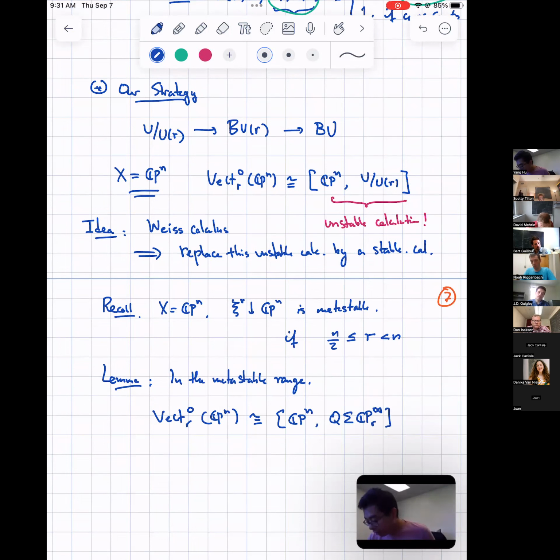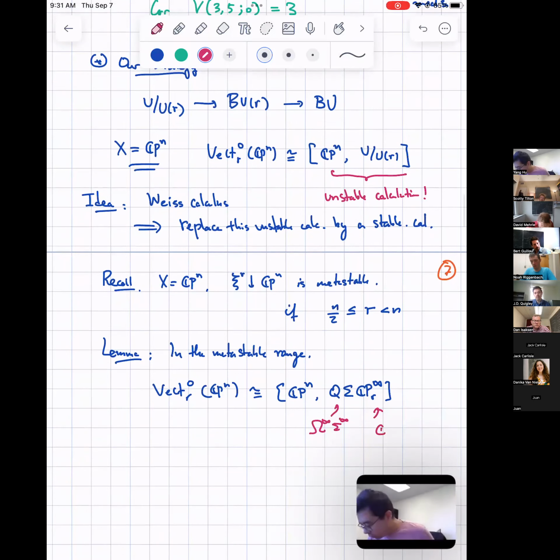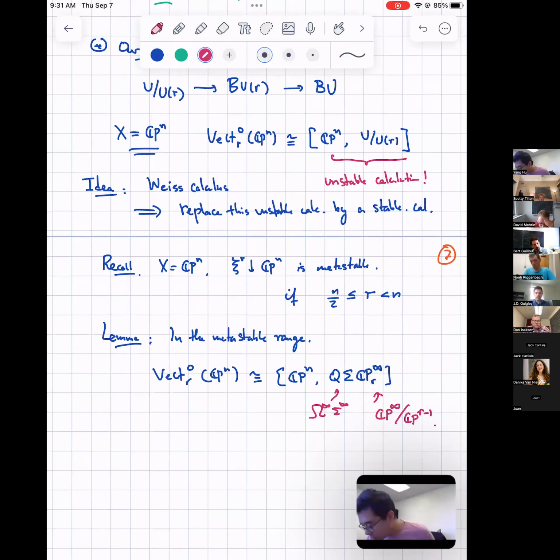Here, this Q, as usual, denotes loop infinity suspension. And this CP lower R infinity, as usual, denotes the standard projective space CP infinity quotient by the skeleton CP R minus 1. And we're going to follow the usual notation to write this as curly brackets, which means stable maps from CPN to suspension CP lower R infinity.